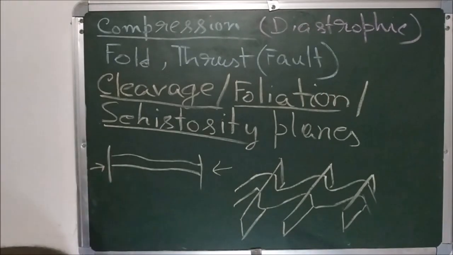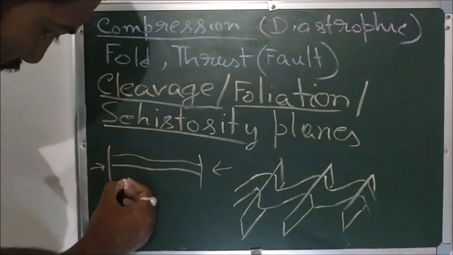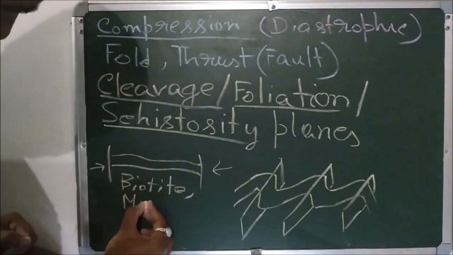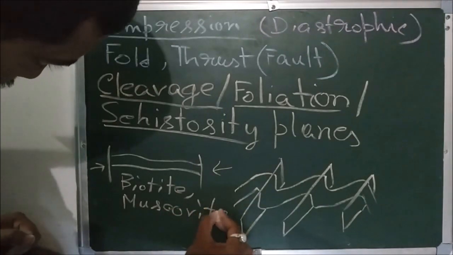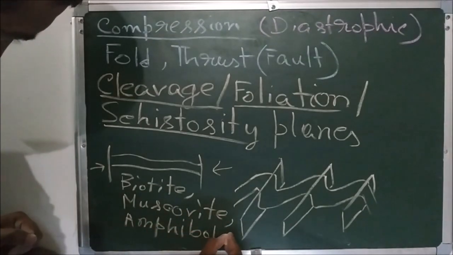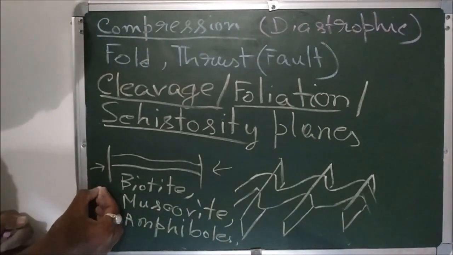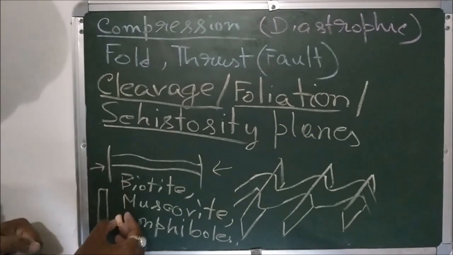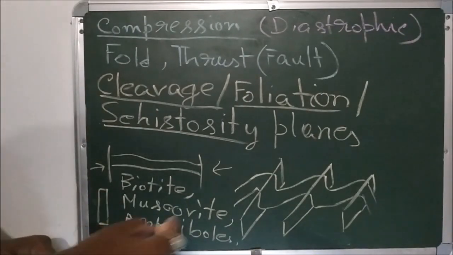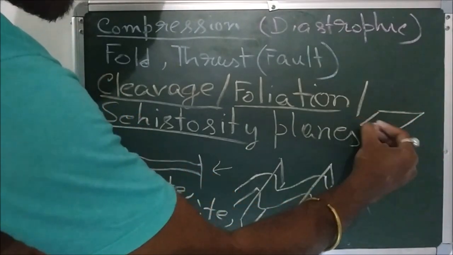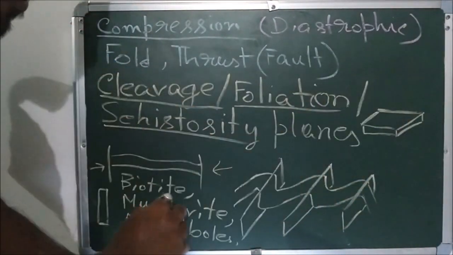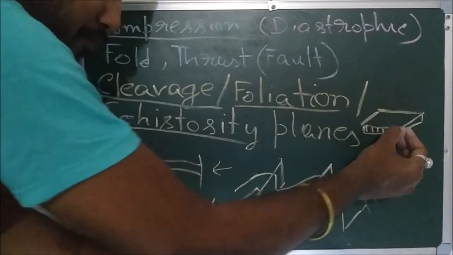Now, what are these planes? These are the planes where, in the mineral kingdom, there are a few minerals called biotite, muscovite, amphiboles, which, due to their platy or flaky nature, the structure of these minerals is platy or flaky, means two dimensions of these minerals are very long compared to another short dimension.